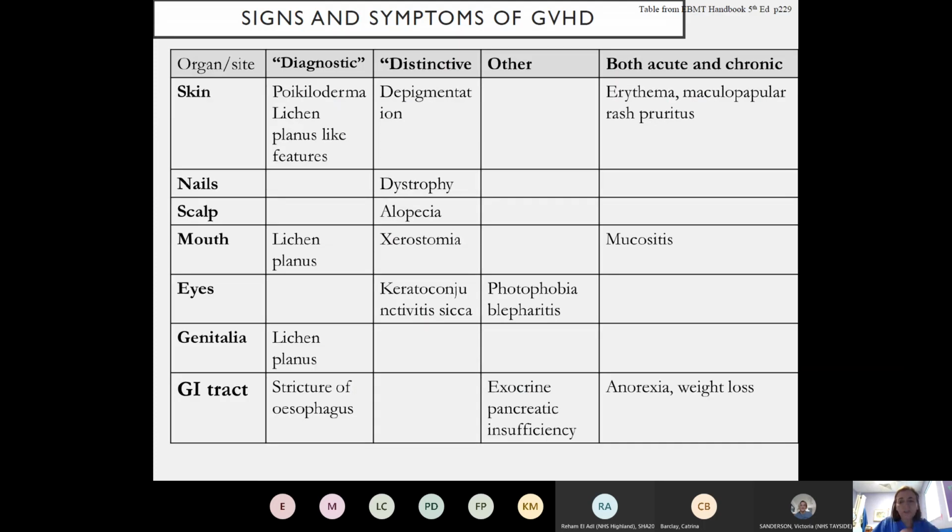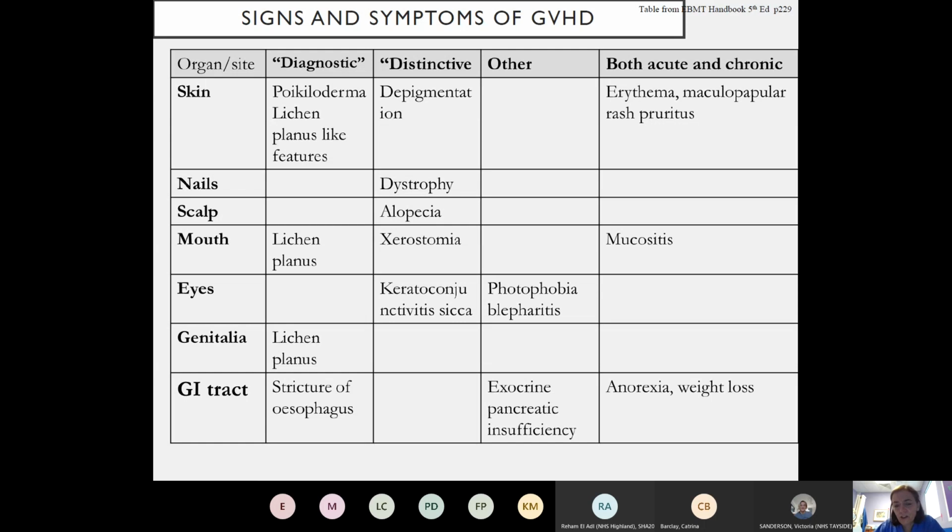And this is just a kind of summary of the appearance of chronic GVHD. With the skin, you can also get depigmentation, which might be a clue to it happening. Nail dystrophy, alopecia, lichen planus, mucositis in the mouth, Sicca syndrome in the eyes, lichen planus of the genitalia, and that can be especially troublesome in females.